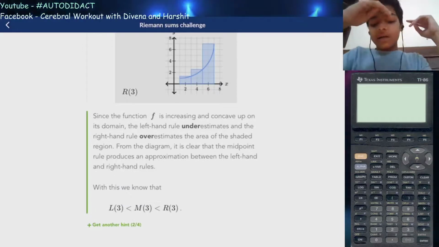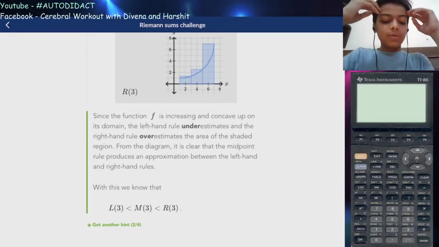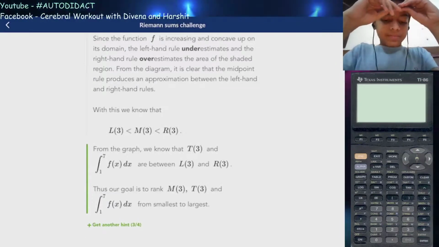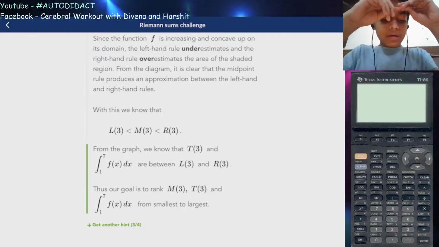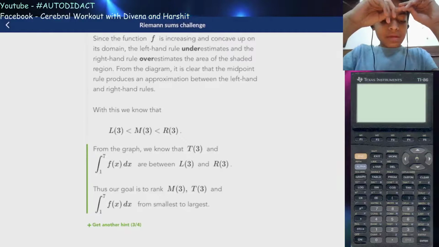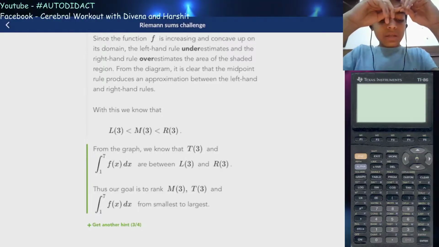With this we know that L of 3 is smaller than M of 3, which is smaller than R of 3. Trapezium is between L of 3 and R of 3. Thus our goal is to rank M of 3 and T of 3 from smallest to largest.